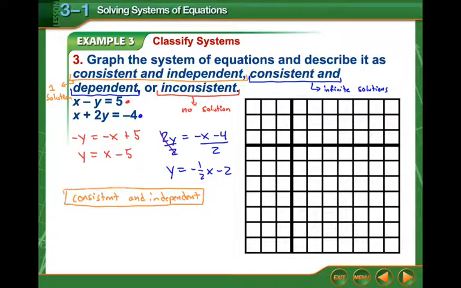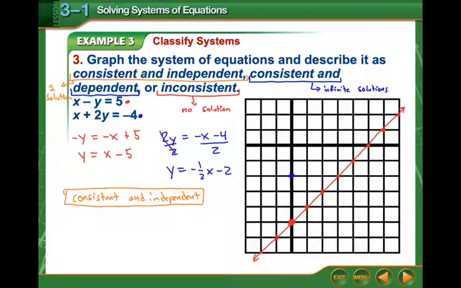But now I want to get my solution. So I'm going to graph. So our first one, y-intercept is negative 5. Slope is 1. The second one, y-intercept is negative 2.